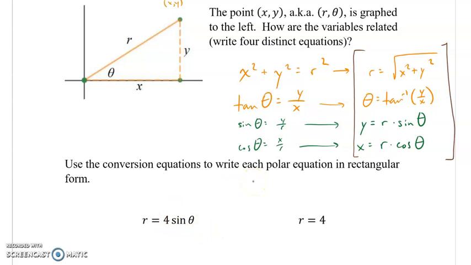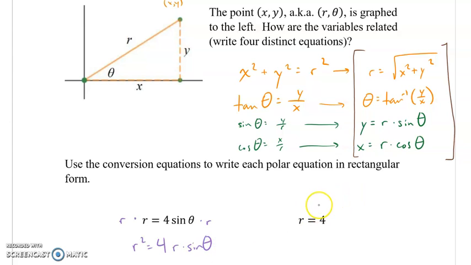So notice that sine of theta shows up multiplied by r, and that's a nice, easy substitution. So what I would prefer to see over here is not sine of theta, but r times the sine of theta. So I'm going to multiply both sides of this equation by r, and that way I'll get r squared equals 4 times r times the sine of theta.